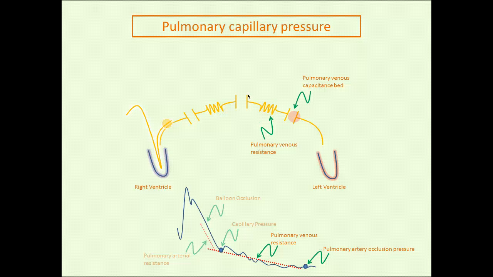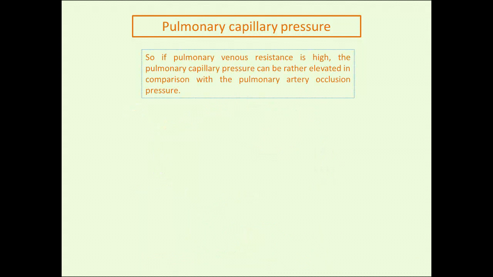Well, then the pressure drop between your pulmonary capillary capacitance bed, or your pulmonary capillary pressure, and your pulmonary artery occlusion pressure, that pressure drop is going to be rather great. So you could actually have a very high pulmonary capillary pressure, but a low recorded wedge pressure, or low recorded pulmonary artery occlusion pressure. And as I mentioned, pulmonary venous resistance increases in a lot of common clinical states.